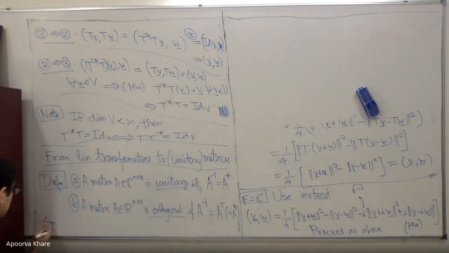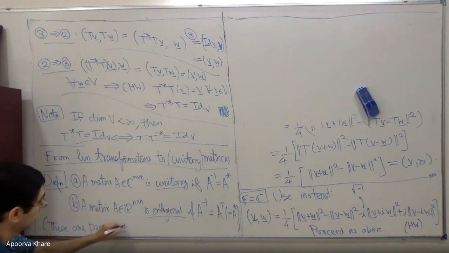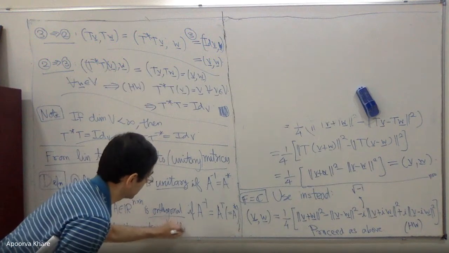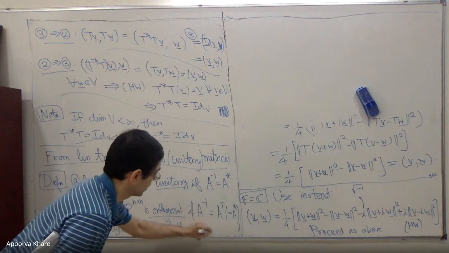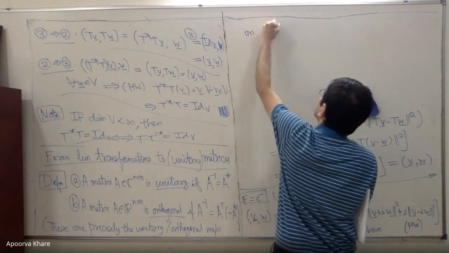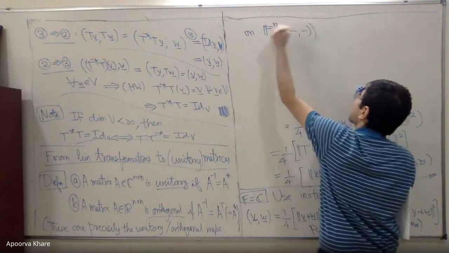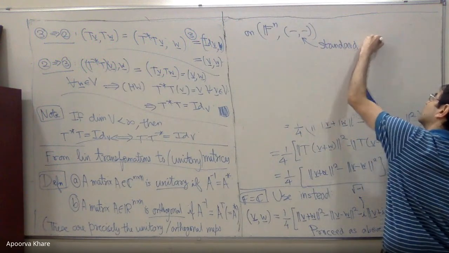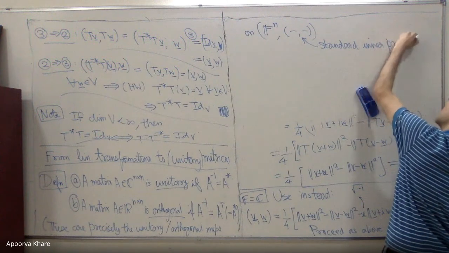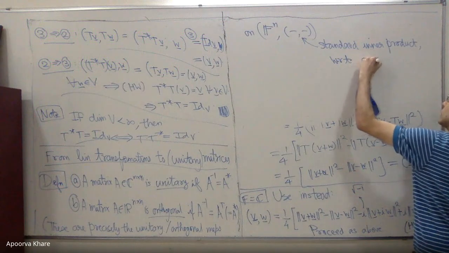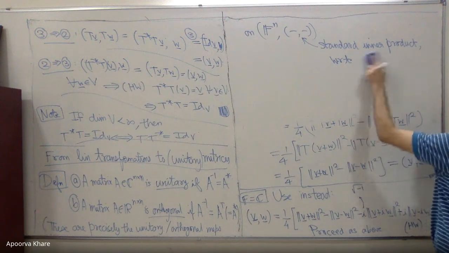These are precisely unitary or orthogonal maps on F to the n, with the standard inner product, which means with respect to the standard basis.